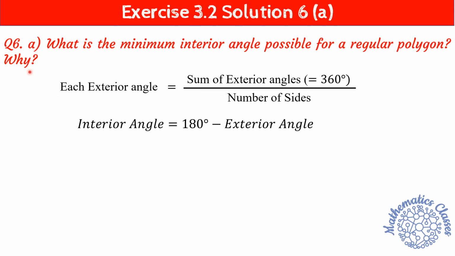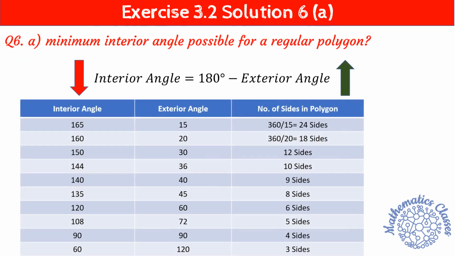For part A, if we look at this formula, each exterior angle equals sum of exterior angles divided by number of sides. Also, exterior and interior angles are connected with this relationship: interior angle equals 180 minus exterior angle. If we want to take the minimum interior angle, then we need to take the maximum of these exterior angles, as shown here.